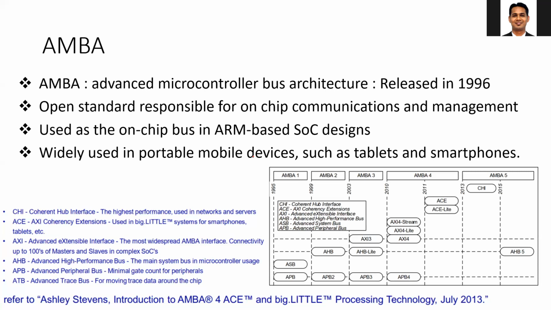And recently they came up with the CHI, the Coherent Hub Interface, for more advanced ARM processors. When we study MPSoC, hopefully in the end part of the AELD, we may discuss the ACE and the CHI.